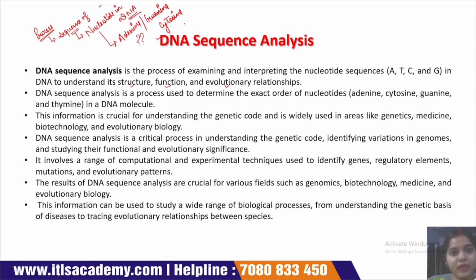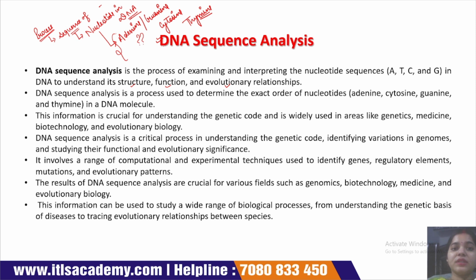And fourth is thymine. The process by which we identify the nucleotide sequence in DNA is known as DNA sequence analysis. Okay, why do we perform this DNA sequence analysis?